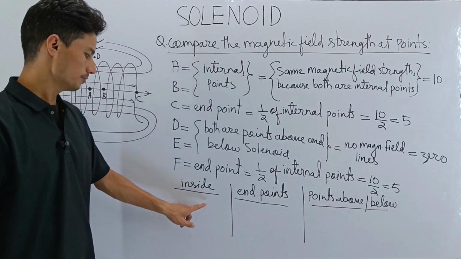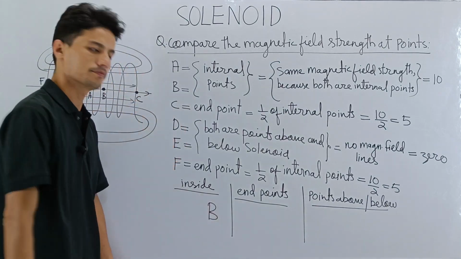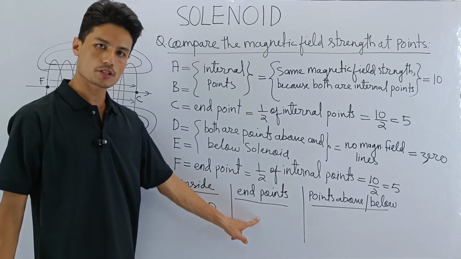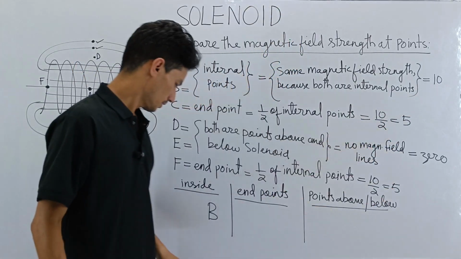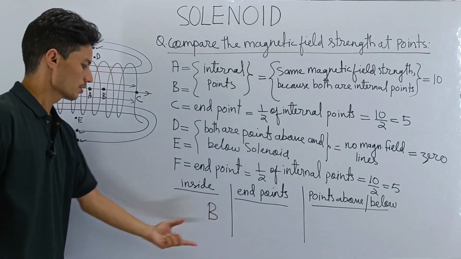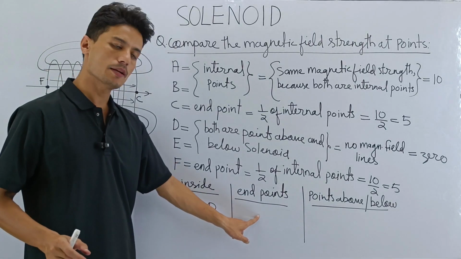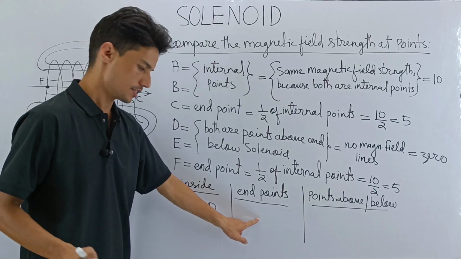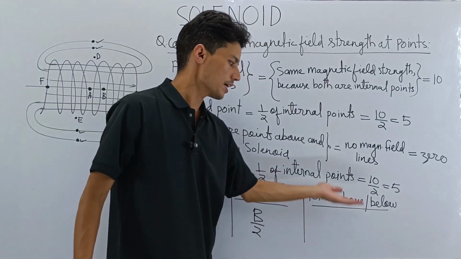So if we say that the magnetic field strength inside is B, then at the endpoints, when it was 10, it was half of 10. So the endpoints will be B by 2. And what about the points above and below?